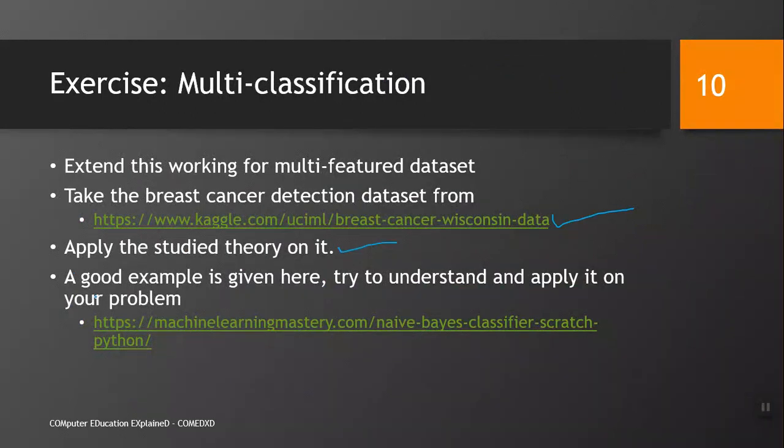And what is the theory? That is multi-class classification and binary classification. You will look at the data set to see whether you can apply binary or multi-class classification, and you have to write a program for it. A good example is given on this link. Try to understand and apply it on your problem. It's a good code and it tells you how you can build a classifier using naive Bayes.